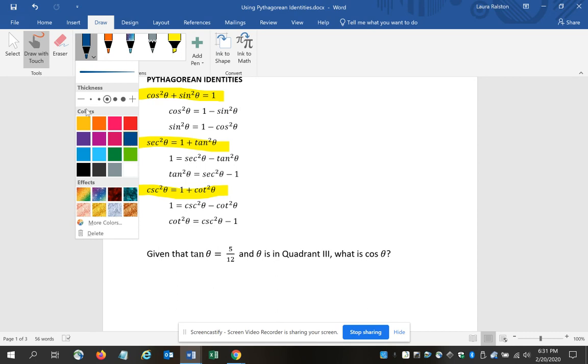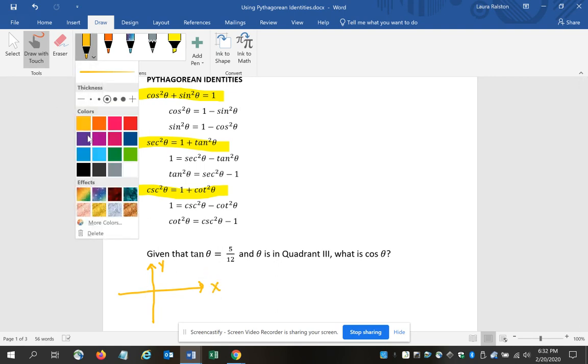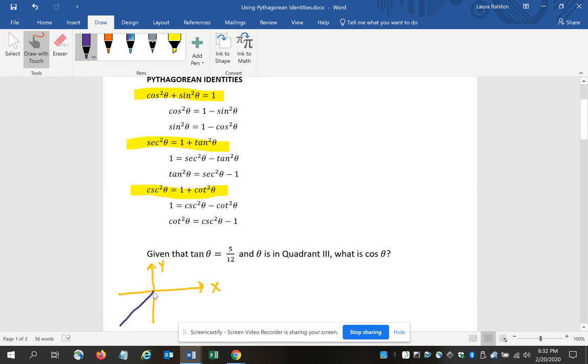Okay, so I start off by thinking about this in terms of my unit circle or my graph and where I'm going to be. So it tells me that angle theta is in quadrant 3. So somewhere over here in quadrant 3 is angle theta.